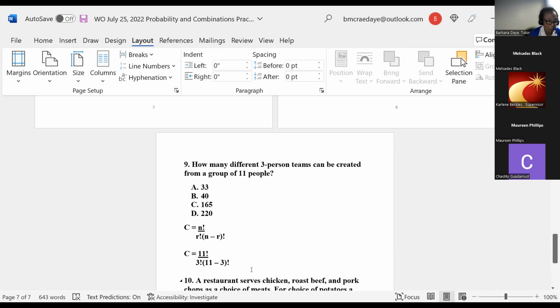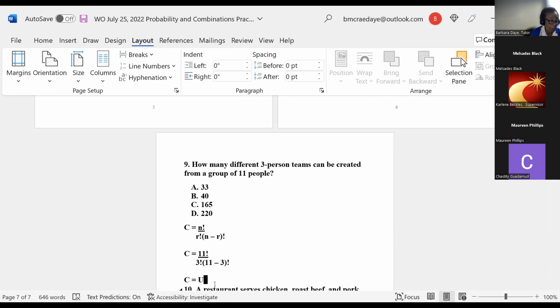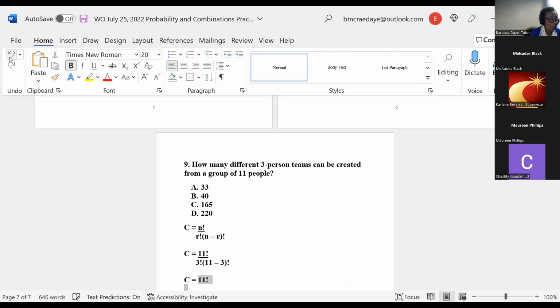All right. Now, what do I get from this, Mercedes? C, and I have 11 factorial. And what's 11 minus 3, Mercedes? 11 from 3 leave 9. No, that's not what I just said. 11 minus 3 is what? 9.